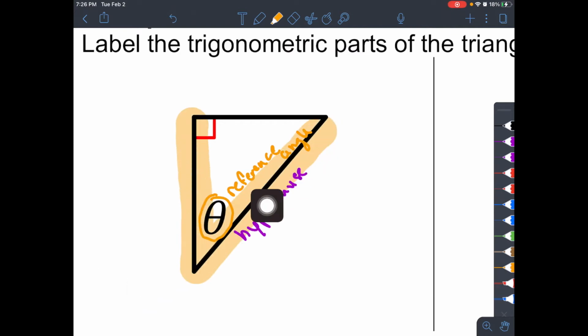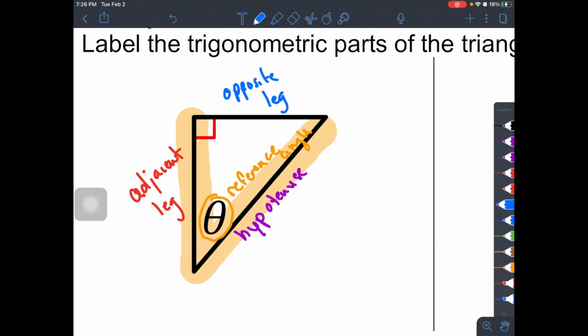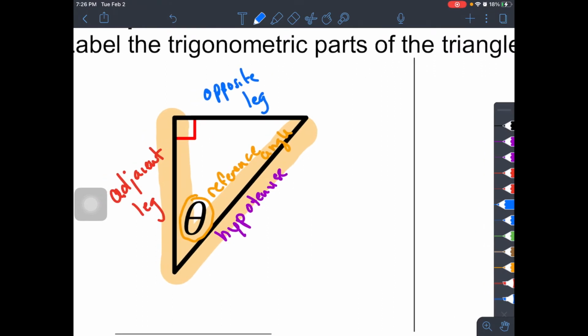You can see it, one side is the hypotenuse, the other side is a leg, and that would be our adjacent leg then. That leaves the remaining side, our opposite leg. So now we have our triangle labeled.